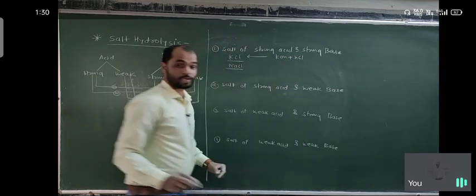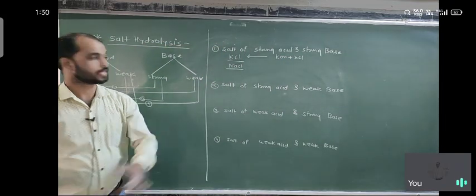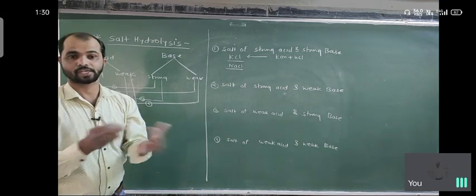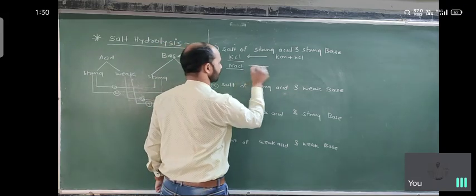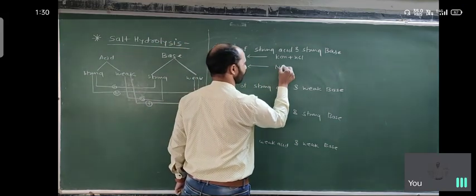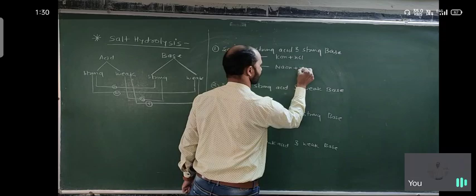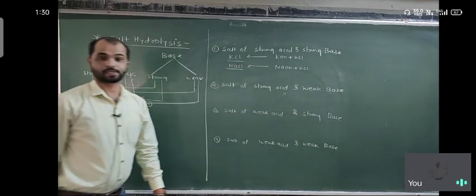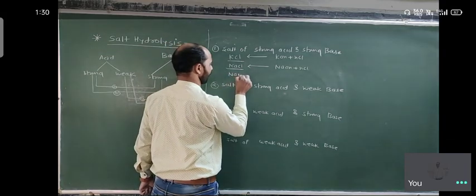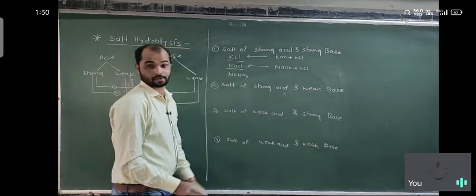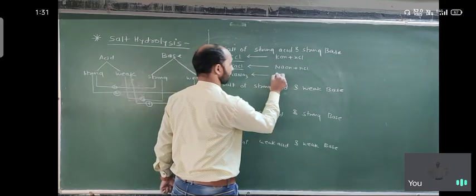KOH is a strong base and HCl is a strong acid, so we get this salt plus water. Again, the same thing here: NaOH plus HCl. One more example, NaNO3, sodium nitrate. Again it is obtained from HNO3.